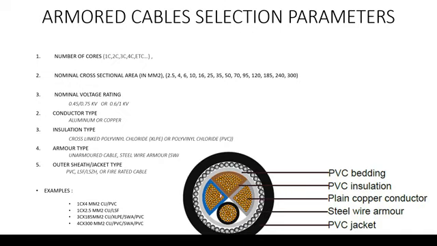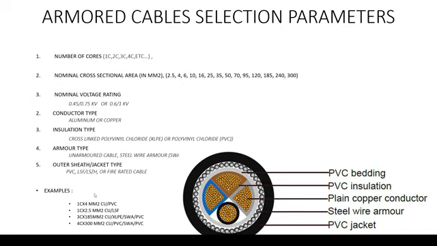Each conductor has its own separate insulation, as we mentioned earlier in the previous slide. Then the cable is either a steel wire armored cable or a steel tape armored cable. So the armor type, you need to specify it when you are selecting a cable. Then the outer sheath, as we specified and explained in full detail.